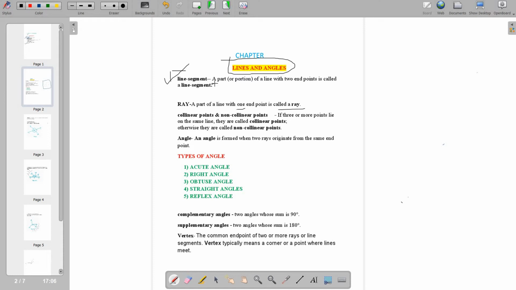A line segment is a part or a portion of a line with two endpoints. It means that when a line has two ending points, that is called a line segment.